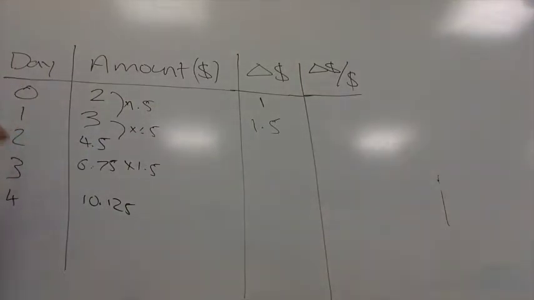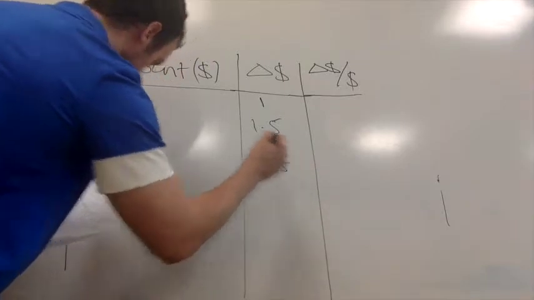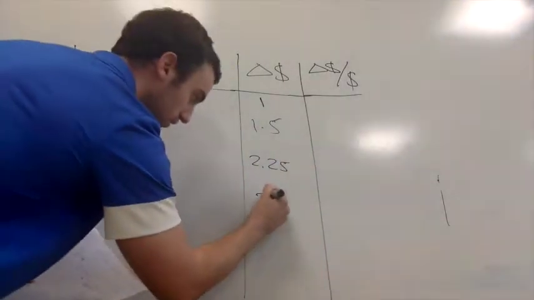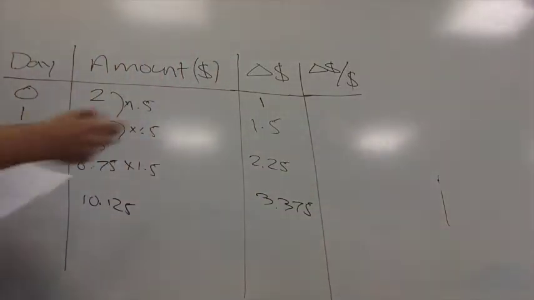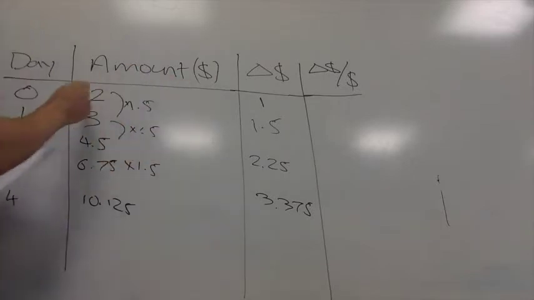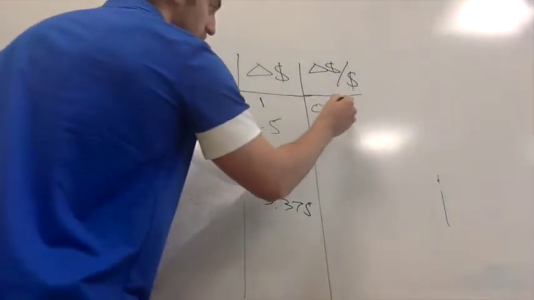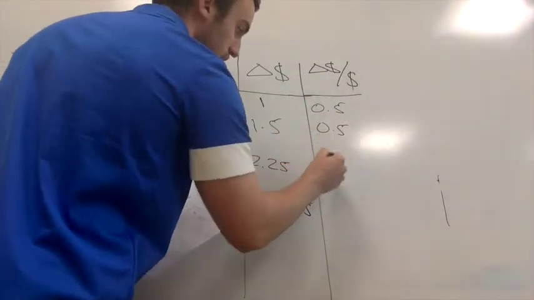Day 2 to day 3, it is 2.25. The change between day 3 and 4 is 3.375. If we take the change in Greg's money over the initial value, for example, 1 over 2, we get 0.5. If we do this for all of them, they will all be 0.5.